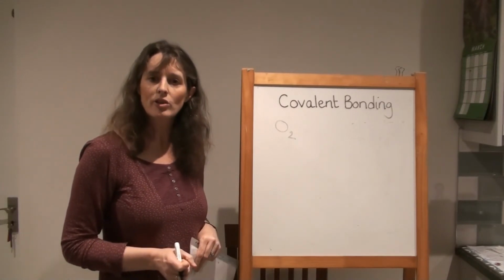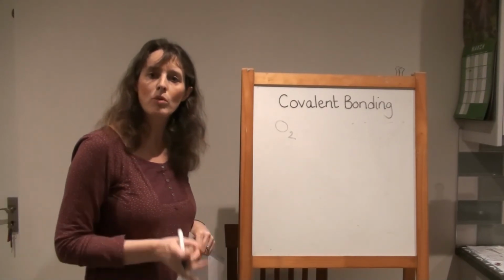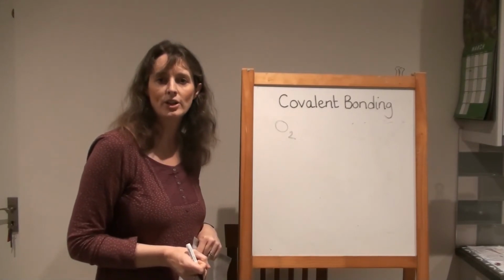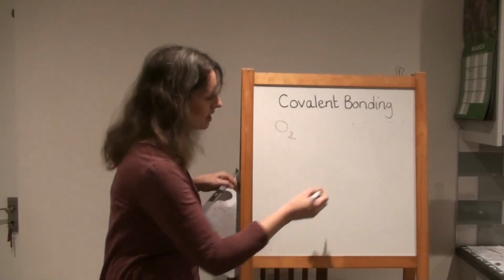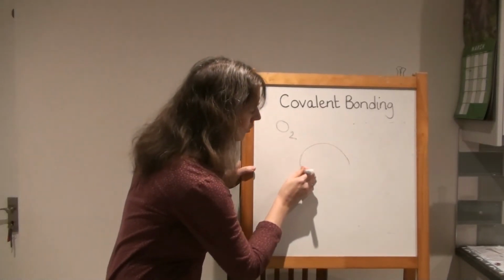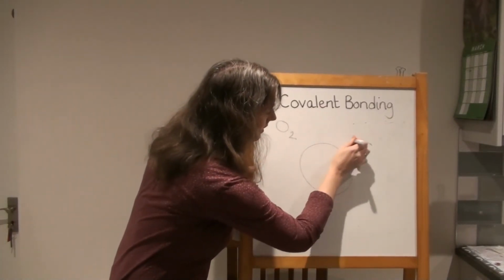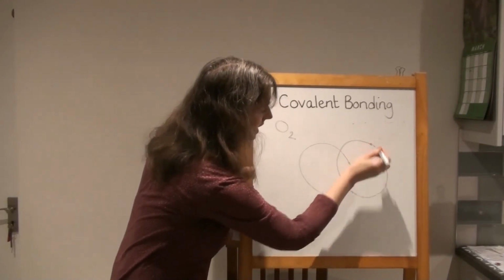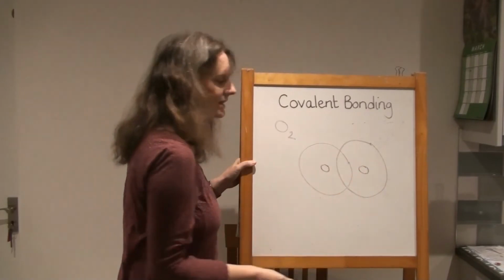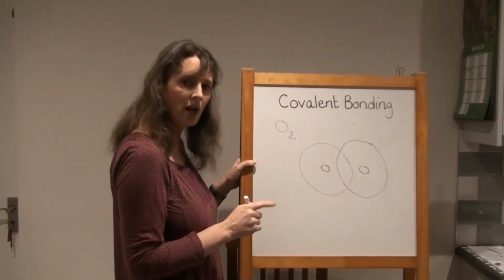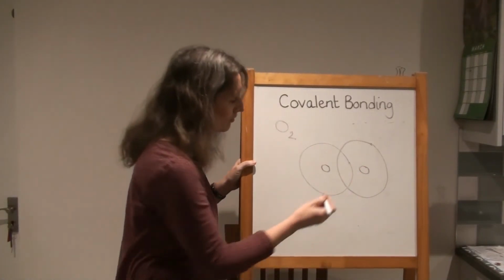And so the difference with this is that we have more than one pair of electrons sharing between our 2 atoms. So if I draw my oxygens, a nice big overlap. So each oxygen has 6 electrons of its own, and remember it has to share 2 of them.